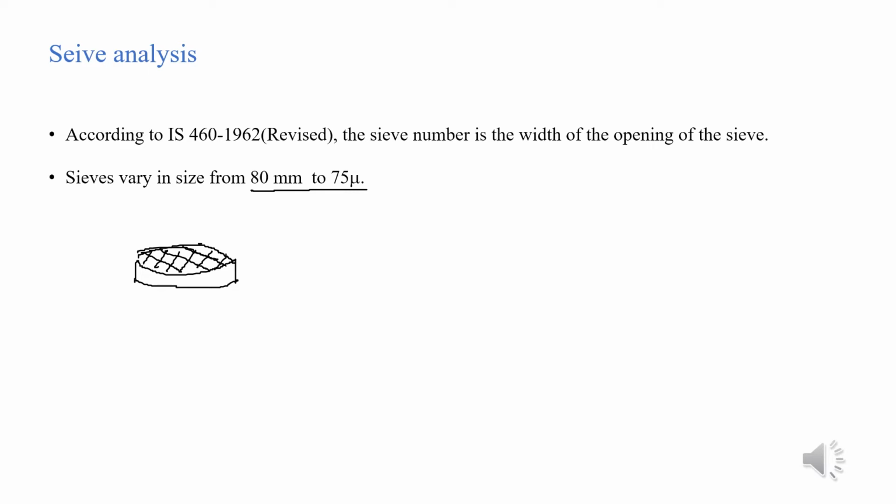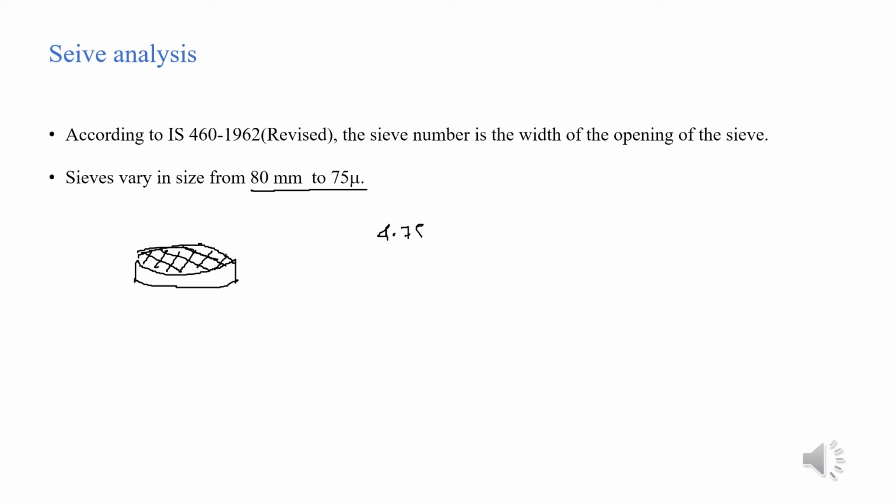Usually any representative soil sample is passed through these sieves and is separated into two fractions: one fraction that passes through the 4.75 millimeter sieve and another fraction retained on the 4.75 millimeter sieve.